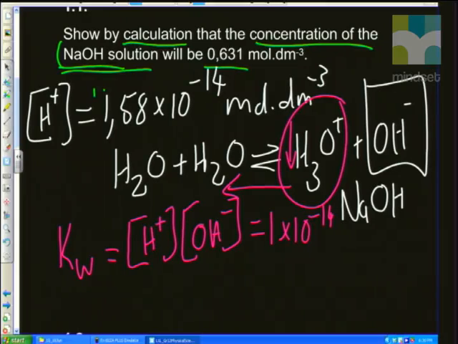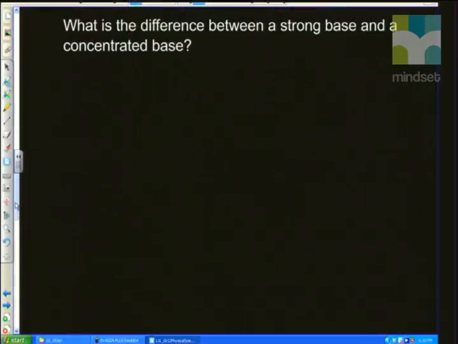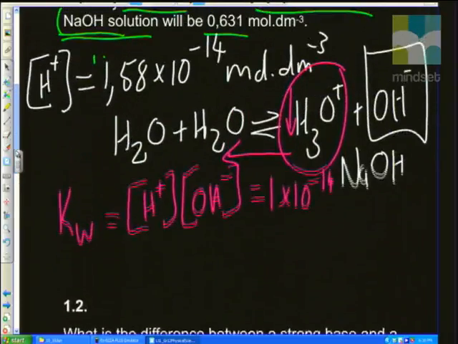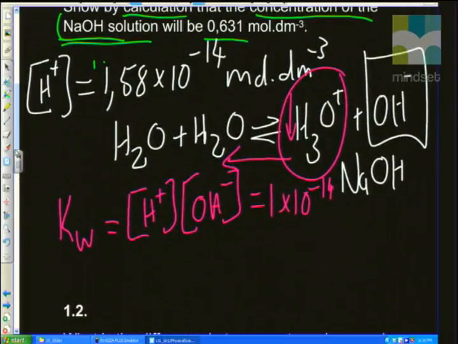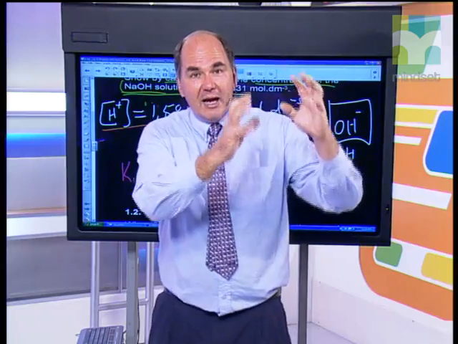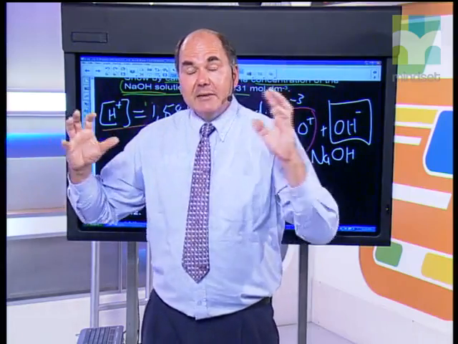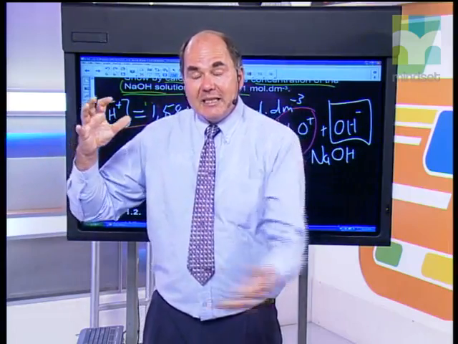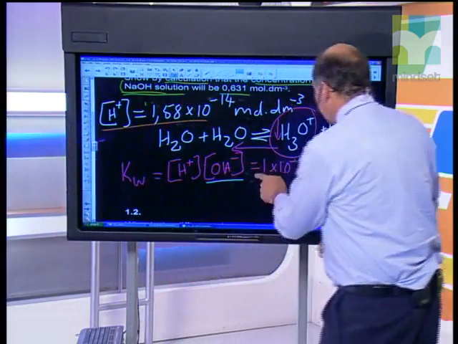That doesn't change. What we do know, though, is that we've got the concentration of the hydrogen ion. We want to find the concentration of the hydroxide. So how are we going to do it? Not that difficult, I don't think. All we have to do is take the hydrogen ion concentration and divide that into the Kw.